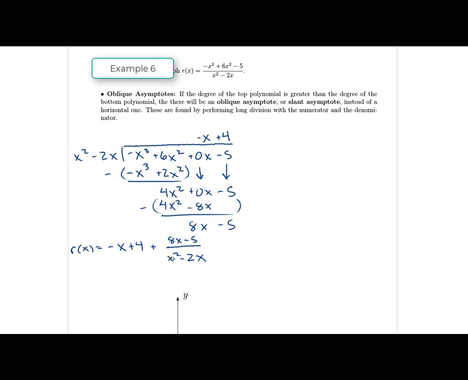Think of when you're writing an improper fraction as a mixed number, right? You're taking the remainder over your denominator, or what you're dividing by. So this is the new function.